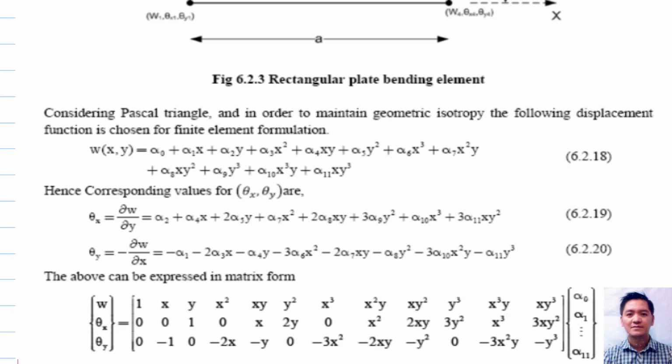Now, the corresponding values for theta x and theta y are, dw dy for theta x, and theta y is negative dw dx. The negative is just a sign convention. It's a somewhat long explanation why it is negative, but to be consistent with the curvature, theta y needs to be negative. If theta x is positive, our convention for theta y is negative.